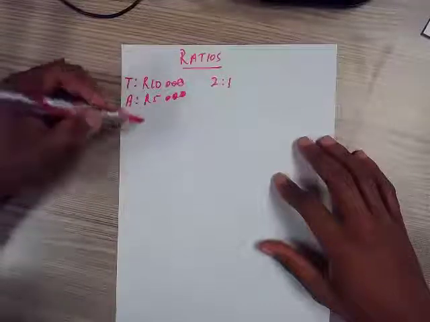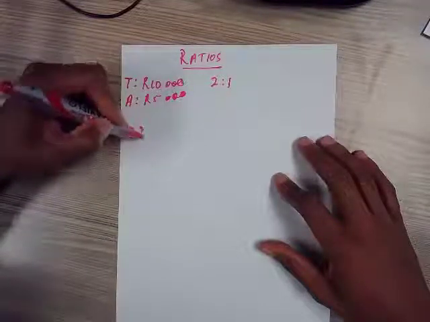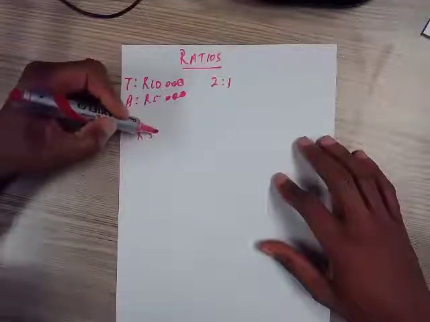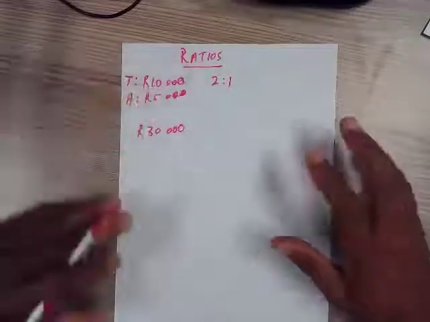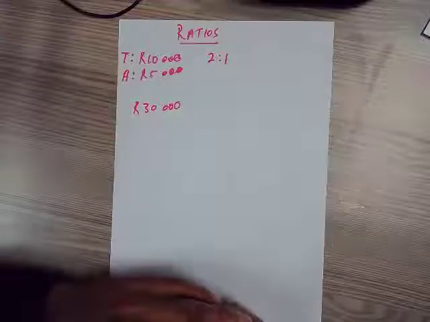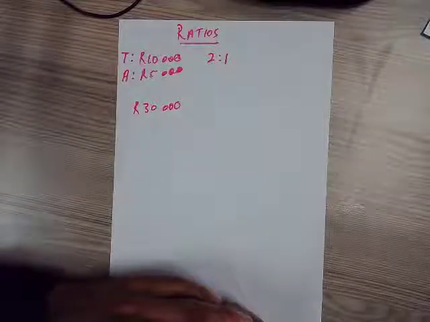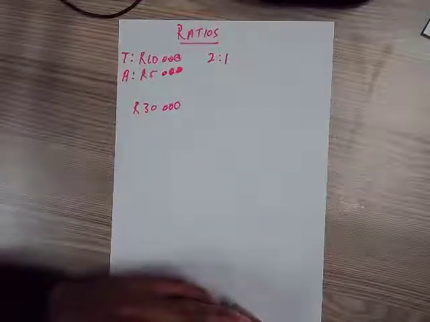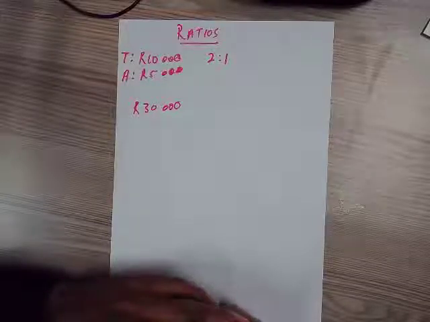So let's say we make a profit of 30,000. How much am I getting, and how much is he getting? Basically we will use a ratio strategy.